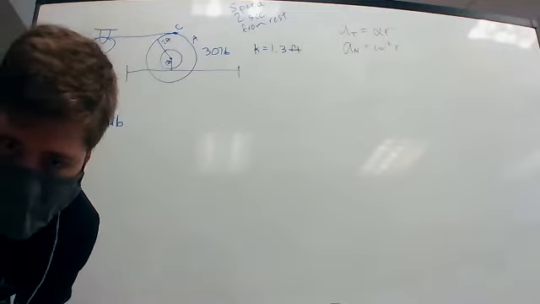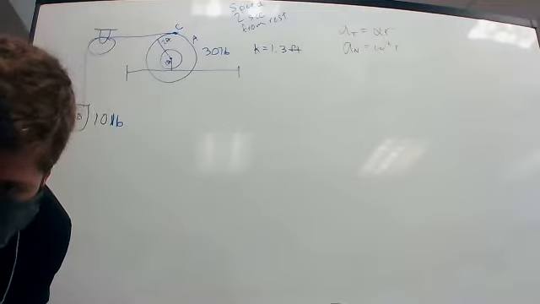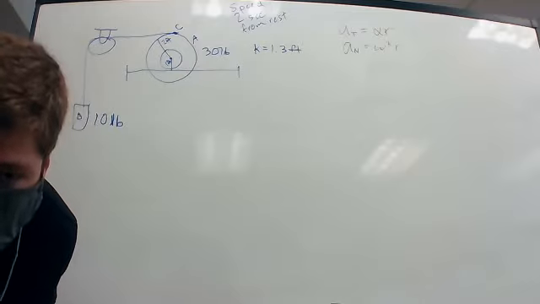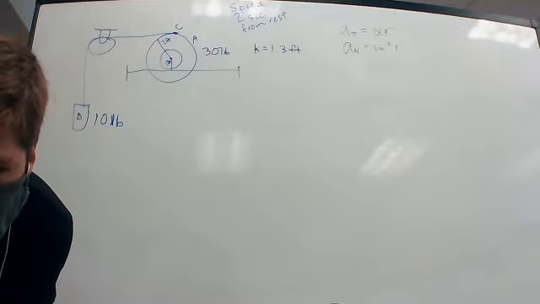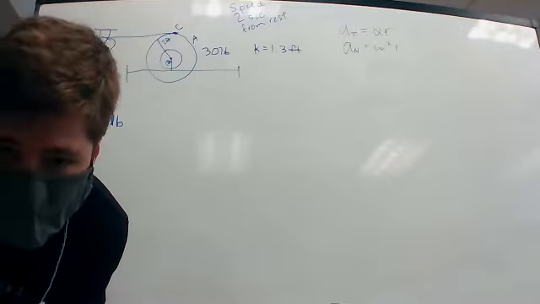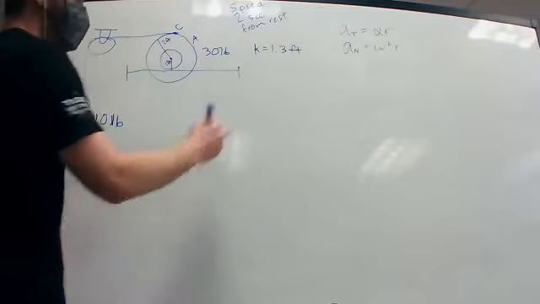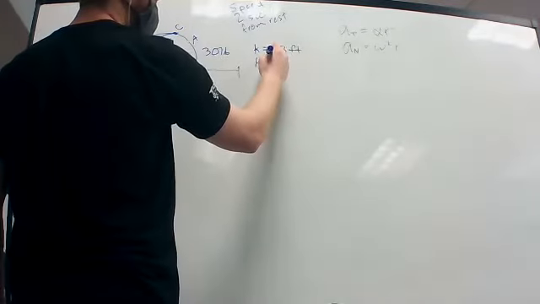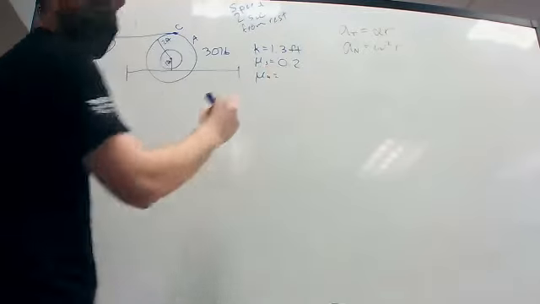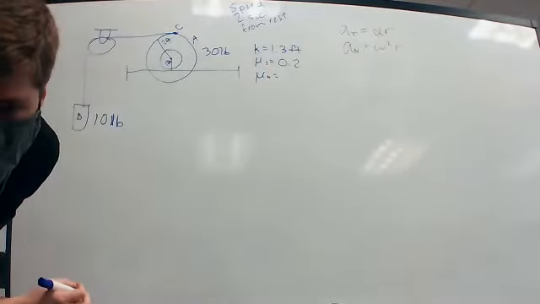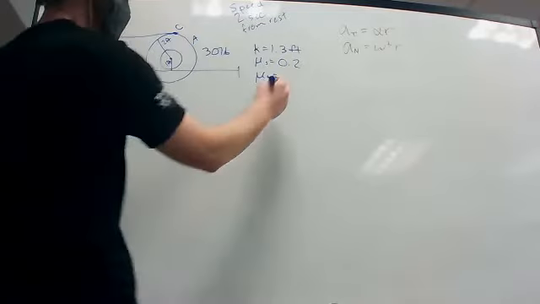I'm going to just let you know we're working on problem 11 from the dynamics review. And we also know that mu sub s is 0.2, and mu sub k is going to be equal to 0.1.